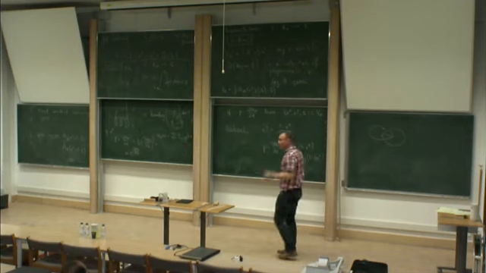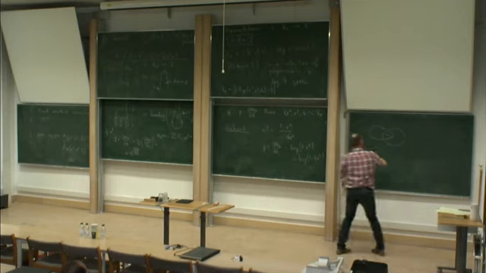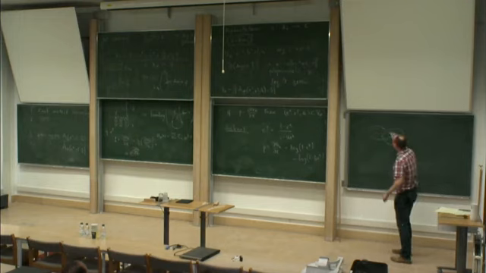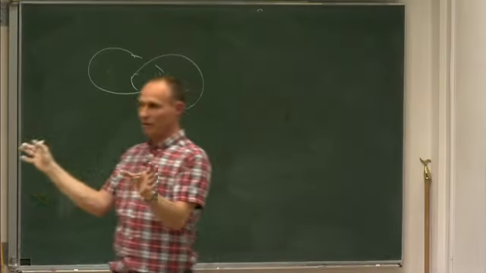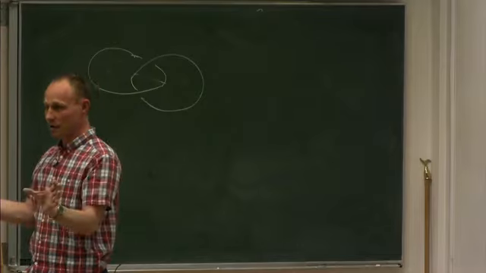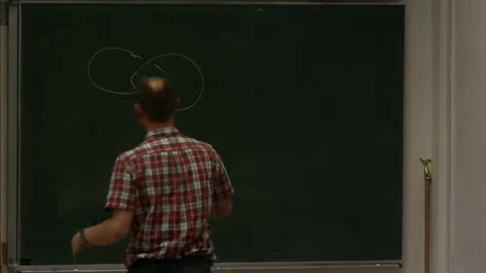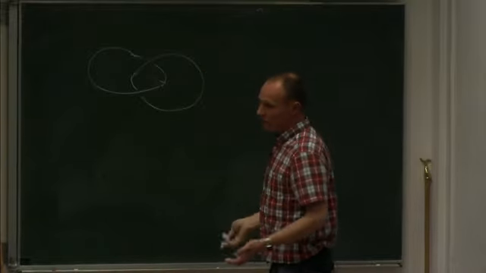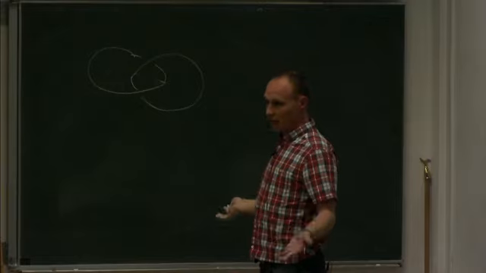So I'm drawing the boundaries of two. Imagine I have a Lagrangian, which just has two holomorphic disks on it, and they happen to be linked, right? So then I want to ask, well, what should my Gromov-Witten count be?